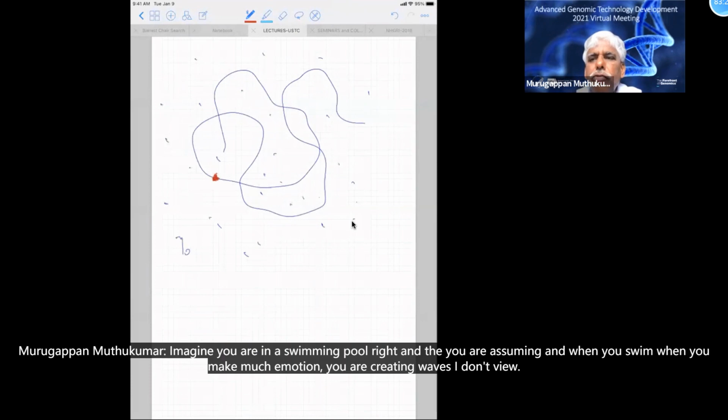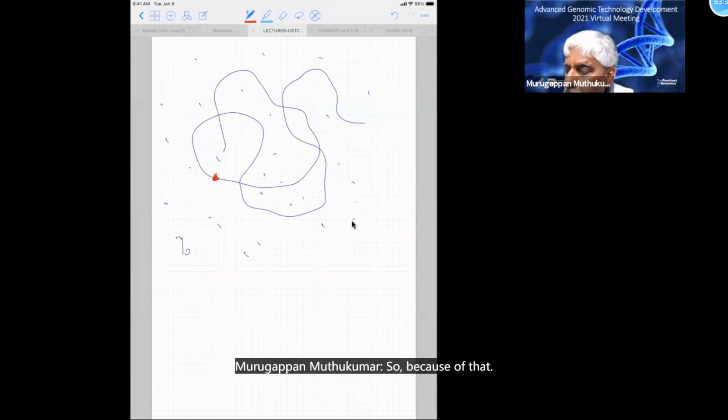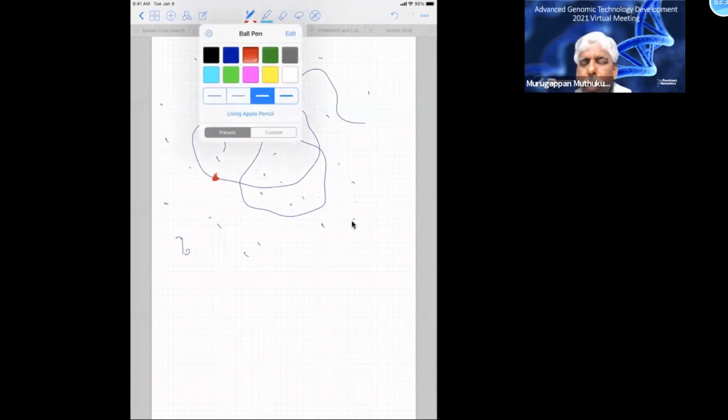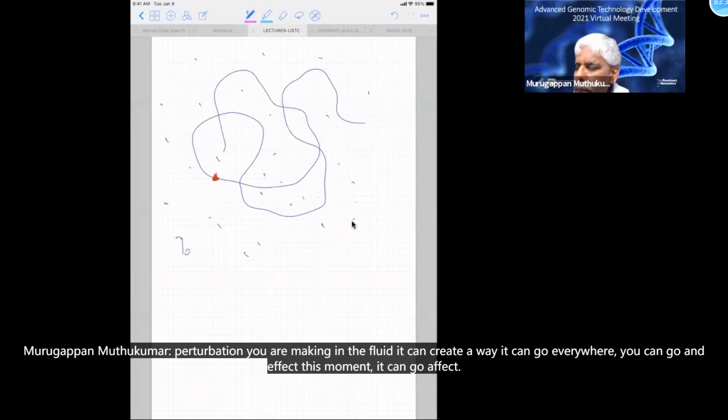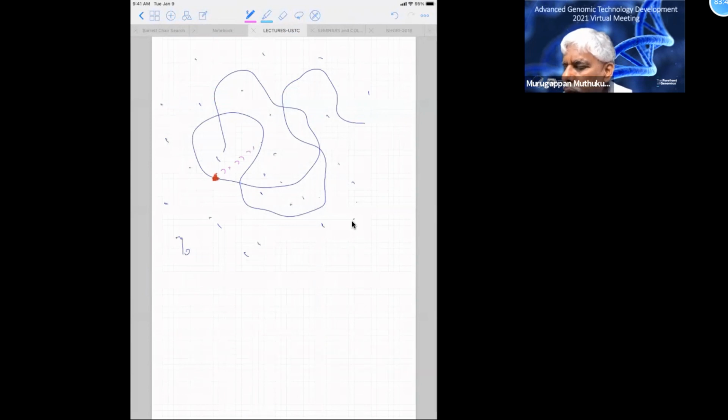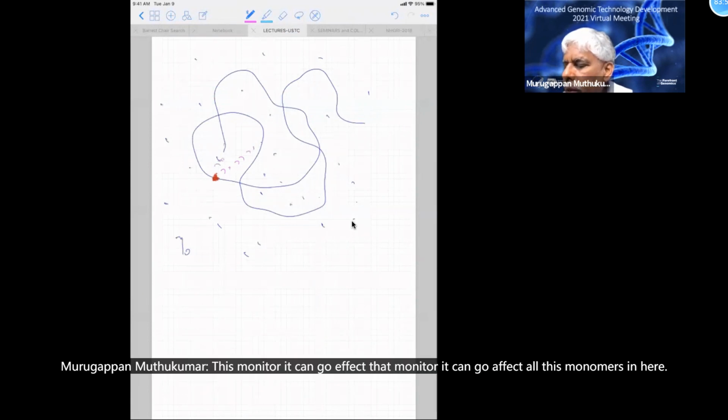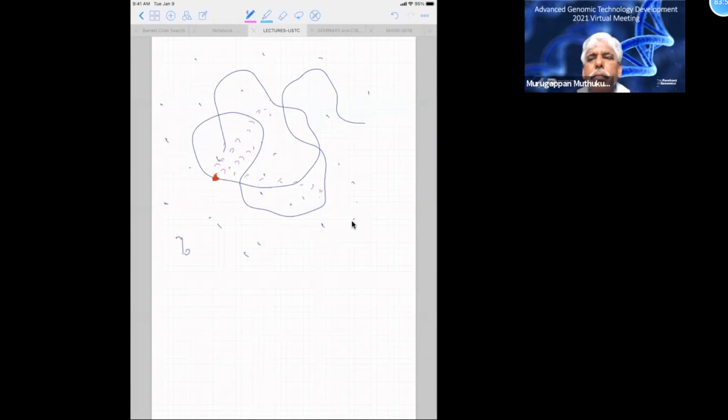Imagine you are in a swimming pool, right? And you are swimming, and when you make motion, you are creating waves around you. Because of that perturbation you are making in the fluid, it creates a wave. It can go everywhere. It can affect this monomer, that monomer, all these monomers in here.